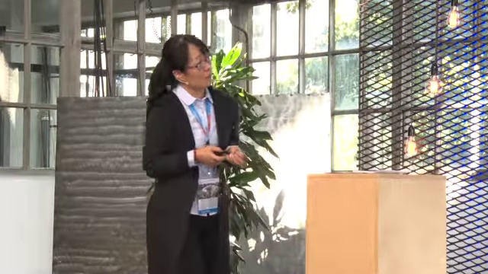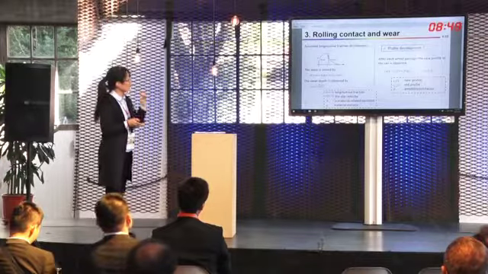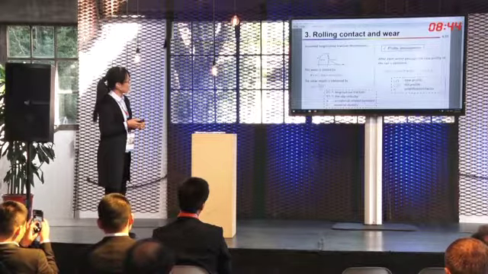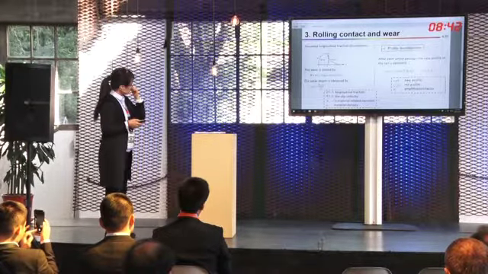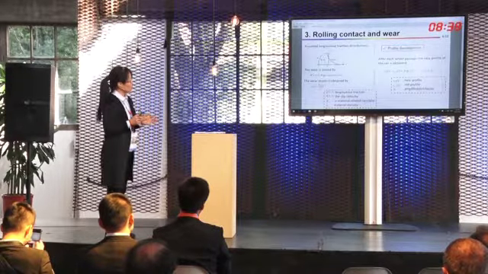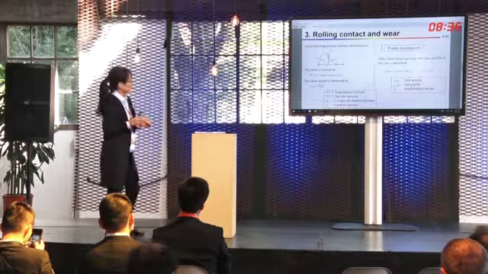Okay. The third point is rolling contact and the wear. Here, the tangential contact between the wheel and the rail is modeled using the two-dimensional contact model.